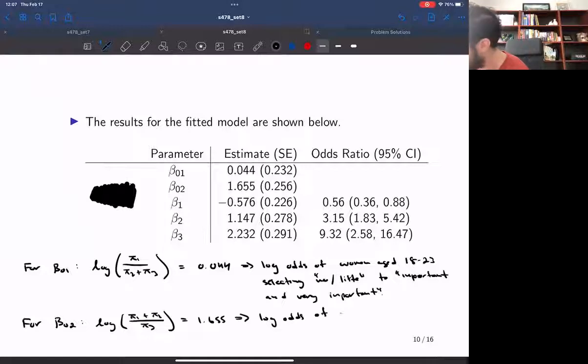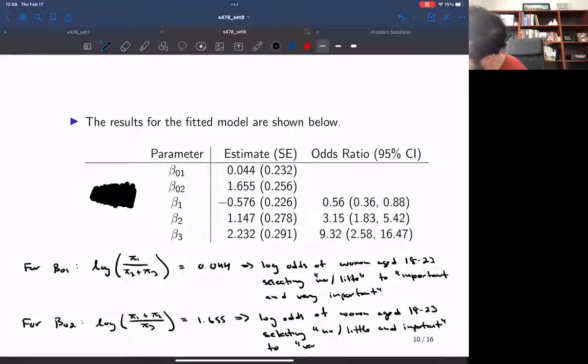This would be very similar: the log odds of women aged 18 to 23 selecting no/little and important to very important.